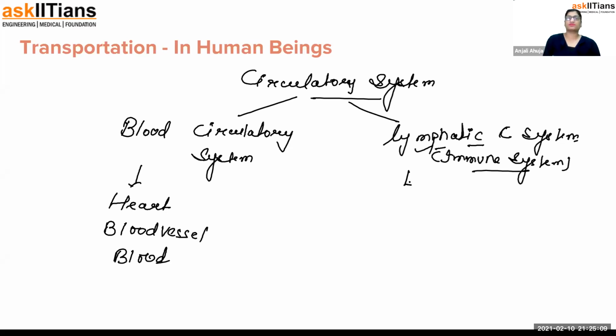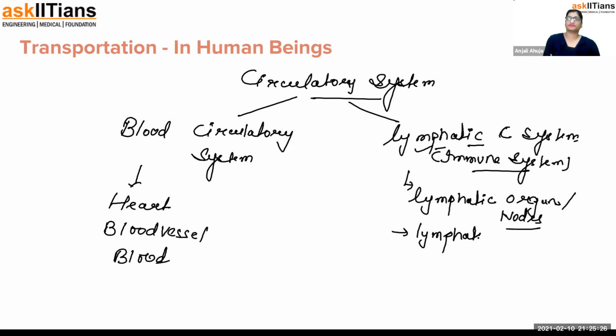The lymphatic system has lymphatic organs and nodes, and then there are lymphatic vessels, and then there is lymph. Like the way we have the blood, we have the lymph. And FYI, lymph is formed from the blood.